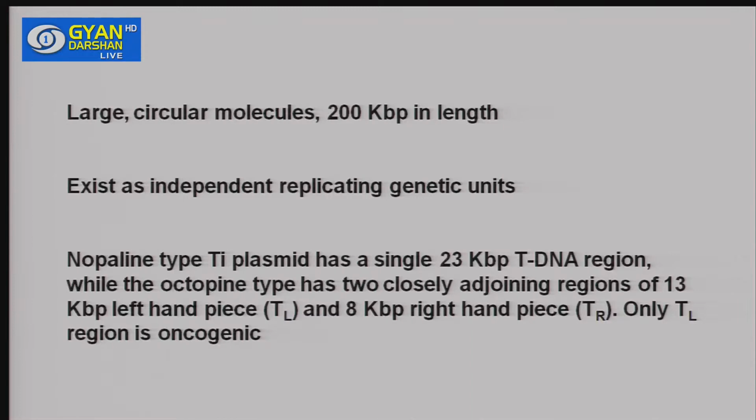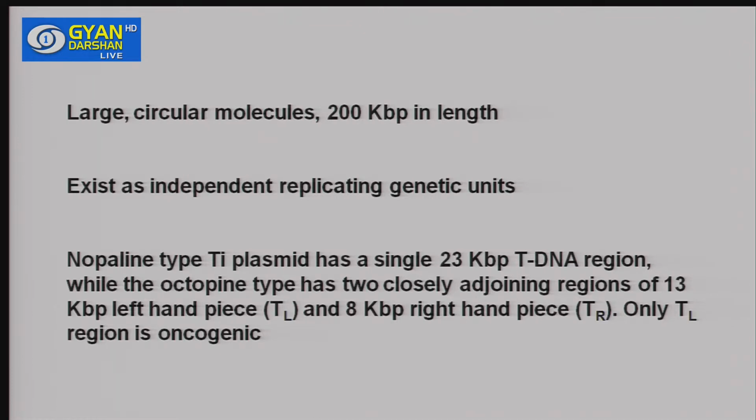It is about 200 kilobase pairs in length, and it exists as an independent replicating genetic unit because it has its own origin of replication, so it can autonomously replicate in any system. The nopaline Ti plasmid has a single 23 kilobase pair T-DNA region, but the octopine type Ti plasmid has 2 adjoining regions: a 13 kilobase pair left hand piece and an 8 kilobase pair right hand piece, of which only the TL region is oncogenic.